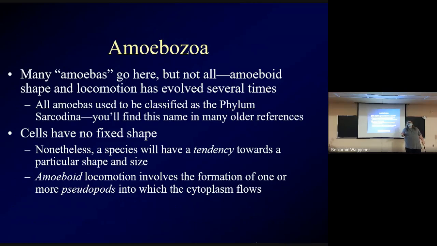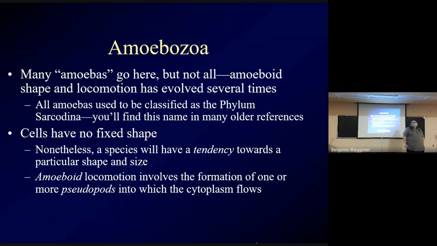Some, the lobes are broad, others they're narrow. Some amoebas will be in, let's say, the 500 micron range. Others might be 50 or less. So you can actually define different species of amoebas, despite the fact that amoebas don't have a permanently fixed shape.